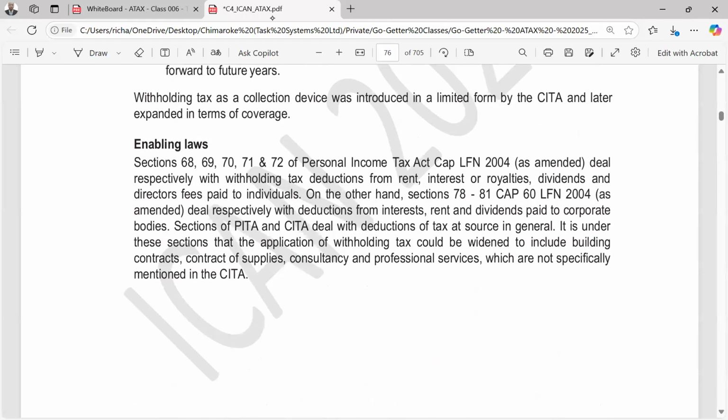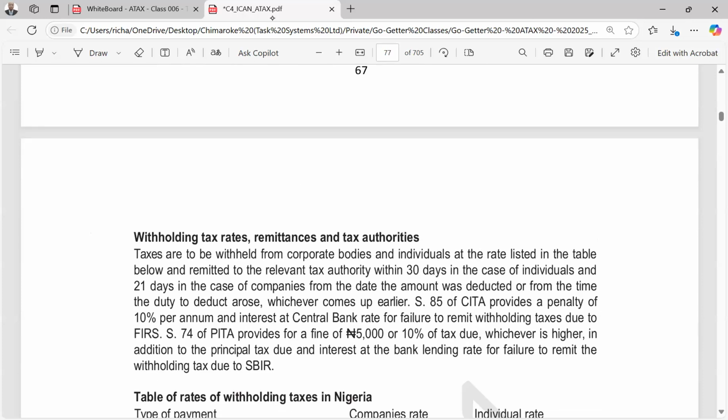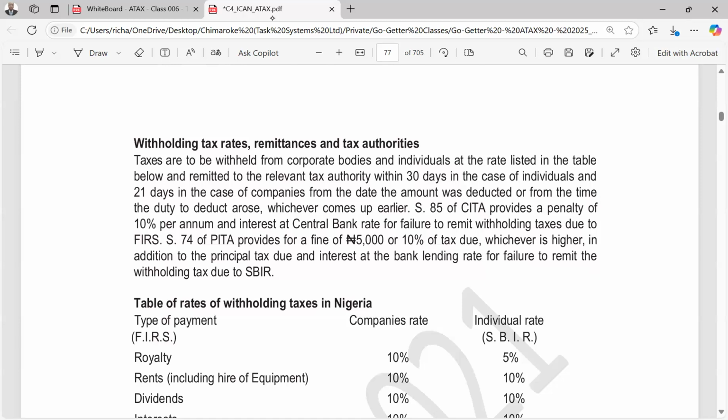Okay, so you read all of that. Withholding taxes: rates, remittance, and authorities. Taxes to be withheld from corporate bodies and individuals at the rate listed in the table below and remitted to the tax authority within 30 days in the case of individuals and 21 days in the case of companies.